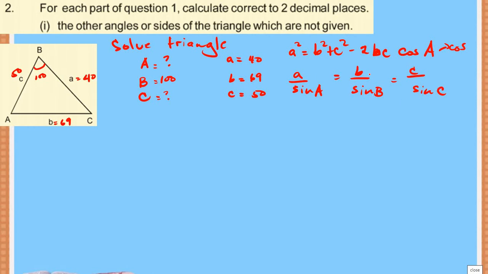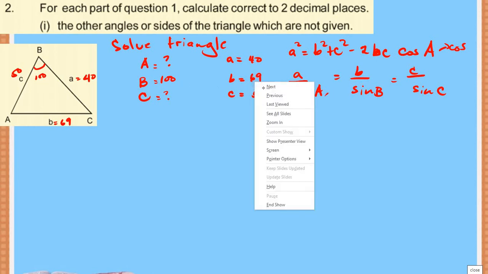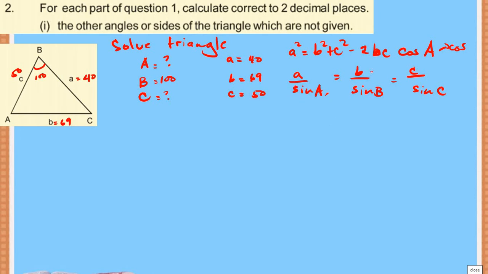Because if you're going to look at this, this is a known. Now, in the problem, we are given B, and we are also given angle B. So you may use the sine law, or you may use the cosine law. In this one, I want to use the sine law in solving for angle A.